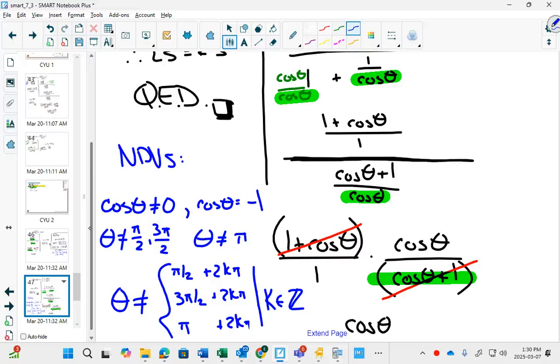Technically, pi over 2 and 3 pi over 2 are exactly opposite of each other. They could have been put together as pi over 2 plus k pi. It's just jumping halfway around. But it's not wrong if you list all of them and add 2k pi to all of them. So we're sort of doing a general solution for the non-permissible values.